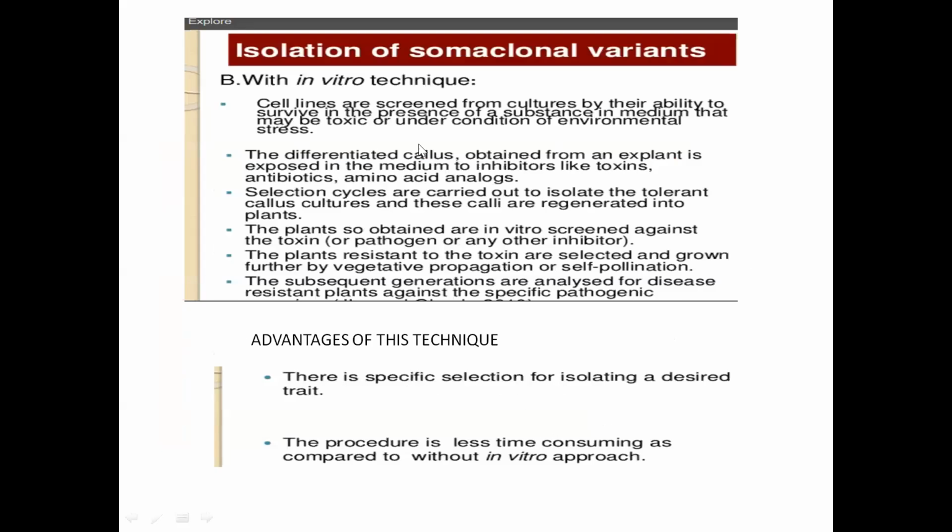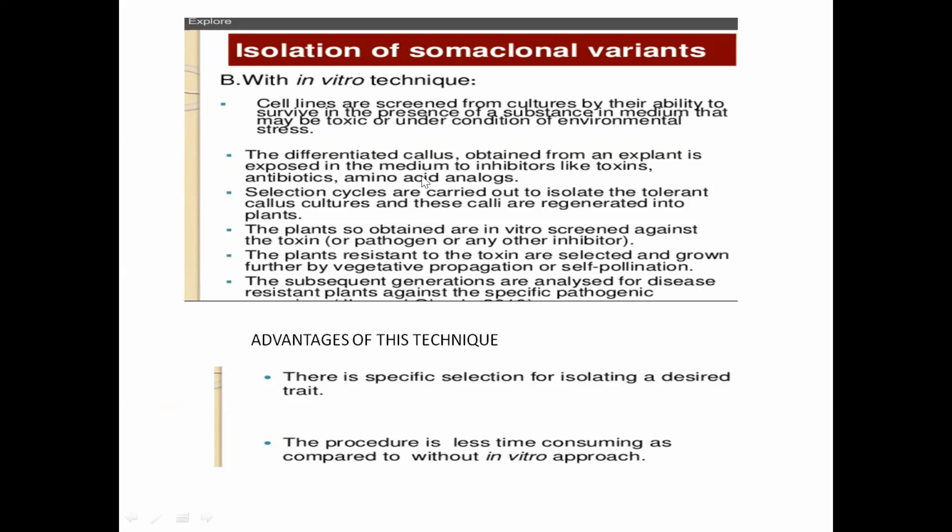With in vitro technique, cell lines are screened from cultures by their ability to survive in the presence of a substance in the medium. So with in vitro technique, in the medium itself you add the substance. Okay, so in lower concentrations you add, and then you slowly increase the concentration and you get a culture line or the cell line which is resistant to the particular chemical.